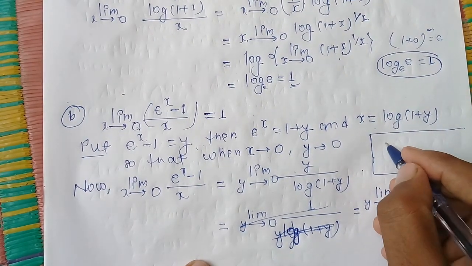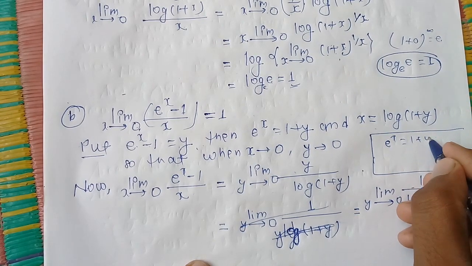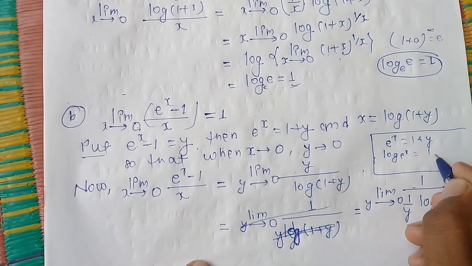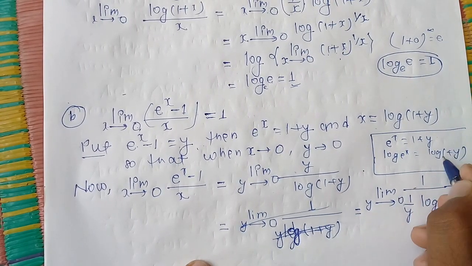That is, e to the power x is equal to 1 plus y. If we take log on both sides, x log base e, which gives 1, so x is equal to log 1 plus y.